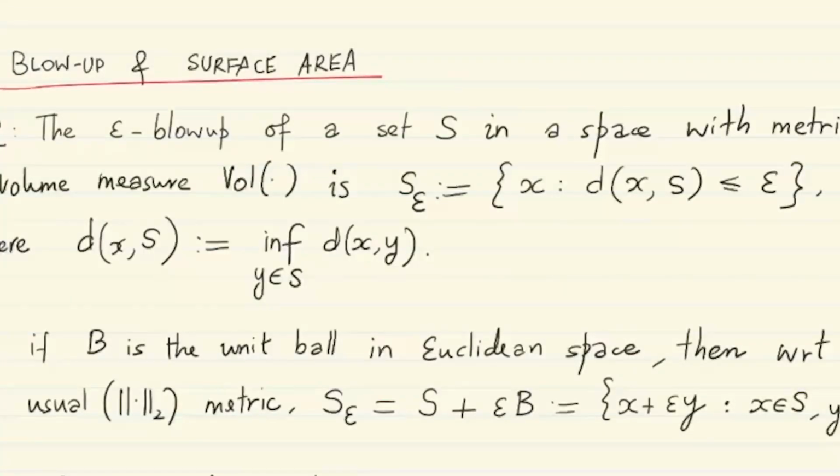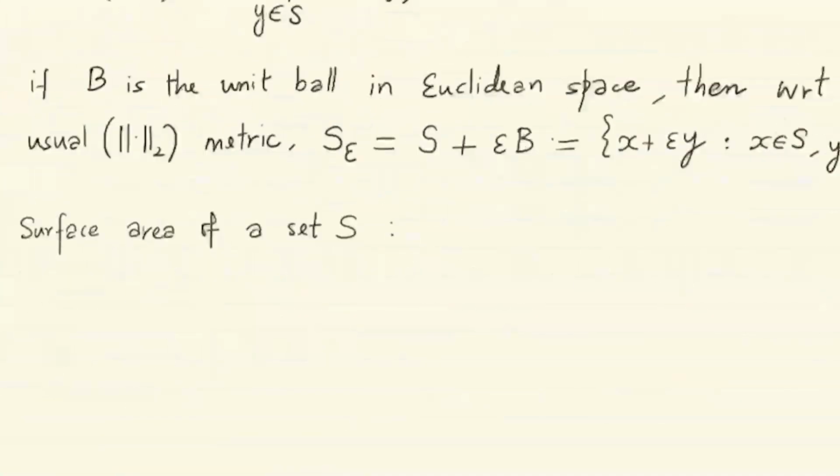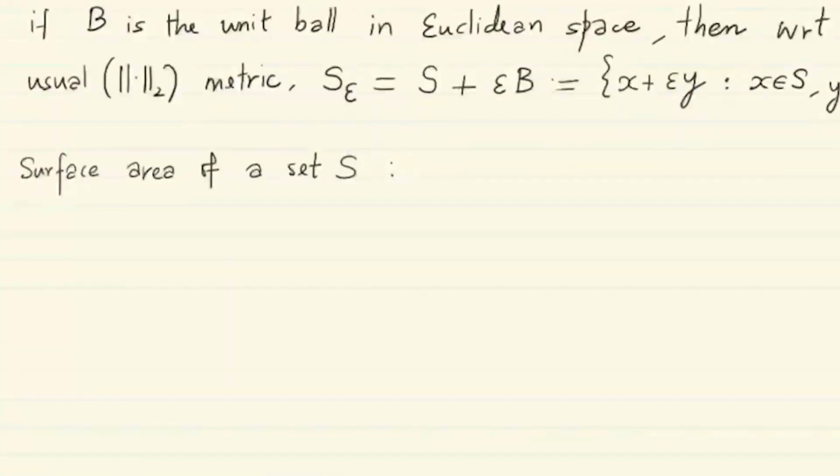Now once we have the notion of a blow up, it's quite natural to be able to use this to define the surface area of a set S. So here's one particular definition of the surface area with respect to a volume measure and a notion of distance.